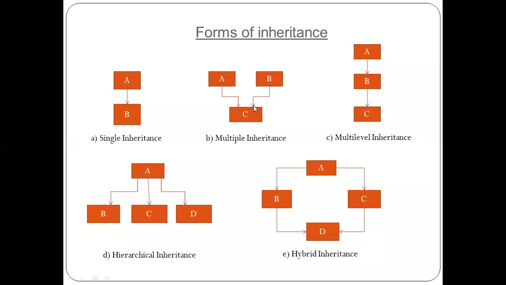Next, multi-level inheritance. From the name you can remember it: it has different levels through which it is interacting. A is my base class, which derives to B, and again B derives to C. So it's a grandparent, parent, and child.